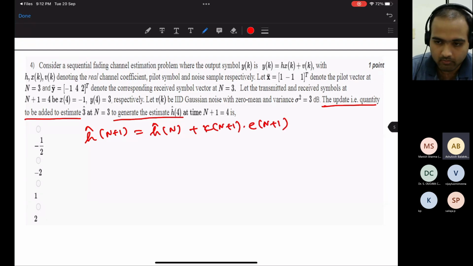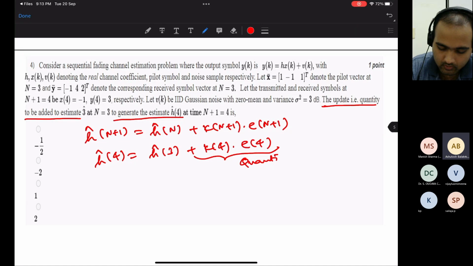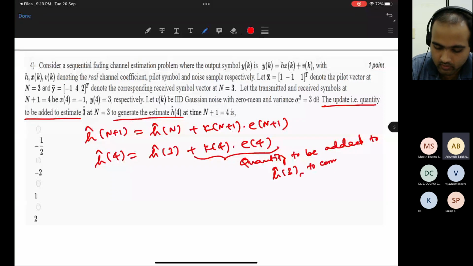So here, h hat of 4 will be h hat of 3 plus k4 e4. This is the quantity to be added to h hat of 3 to compute h hat of 4.